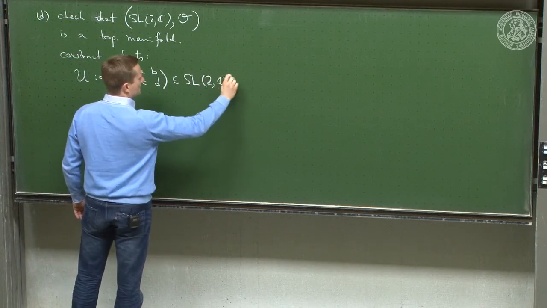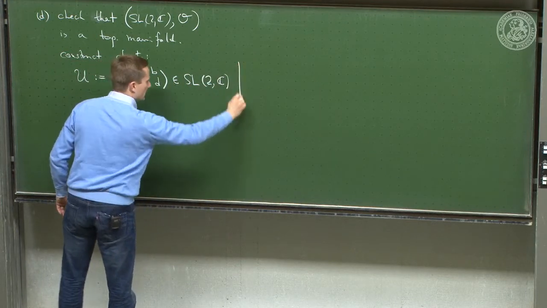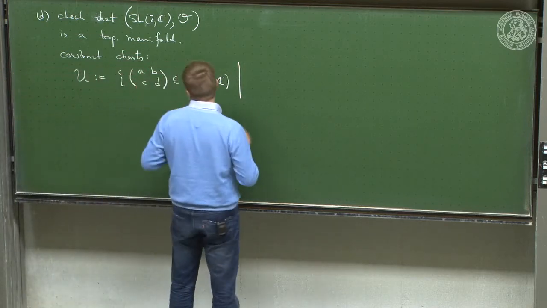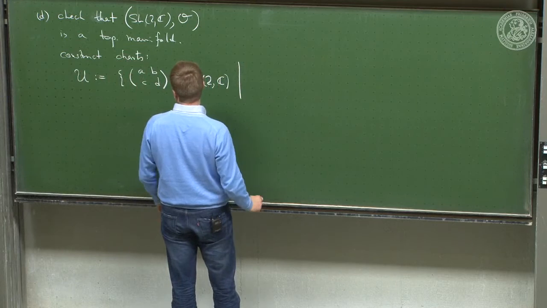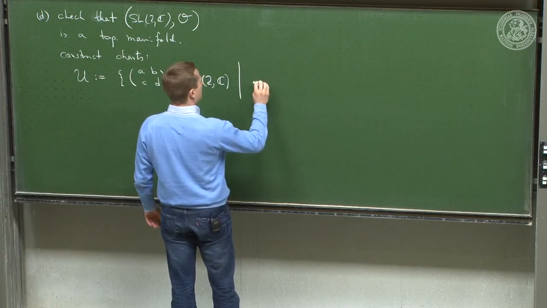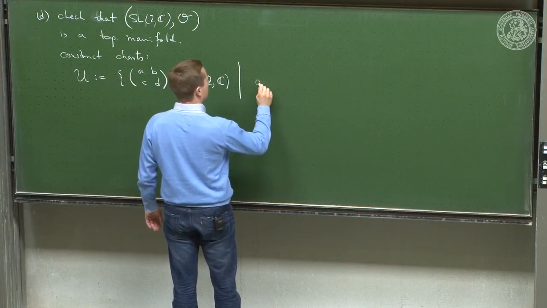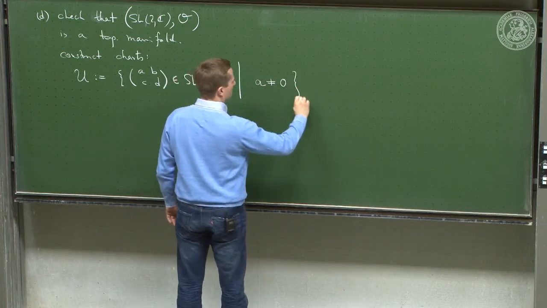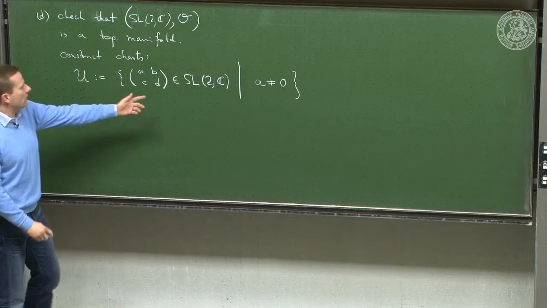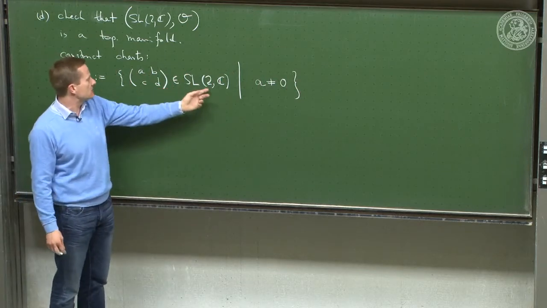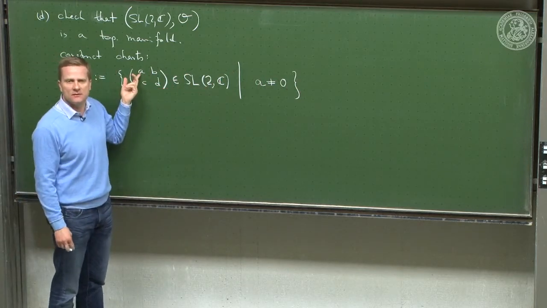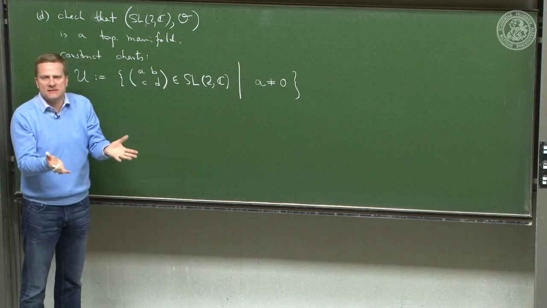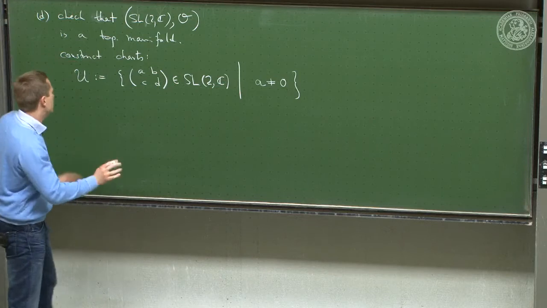It certainly needs to satisfy this condition, but it could be necessary to have it a subset, and I claim it is necessary because I do this for A non-zero. That removes some points from SL2C, because there are SL2C matrices that have a 0 here. So this chart domain doesn't cover the entire SL2C. Why do I do this?